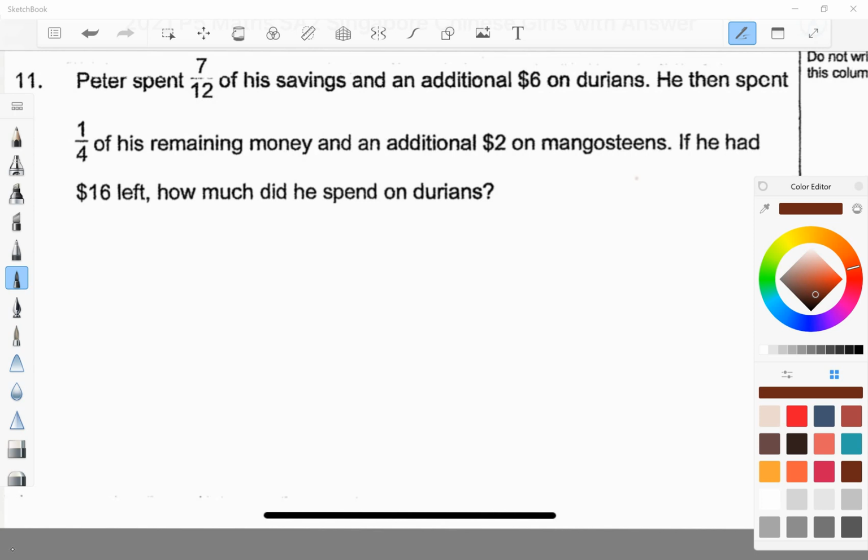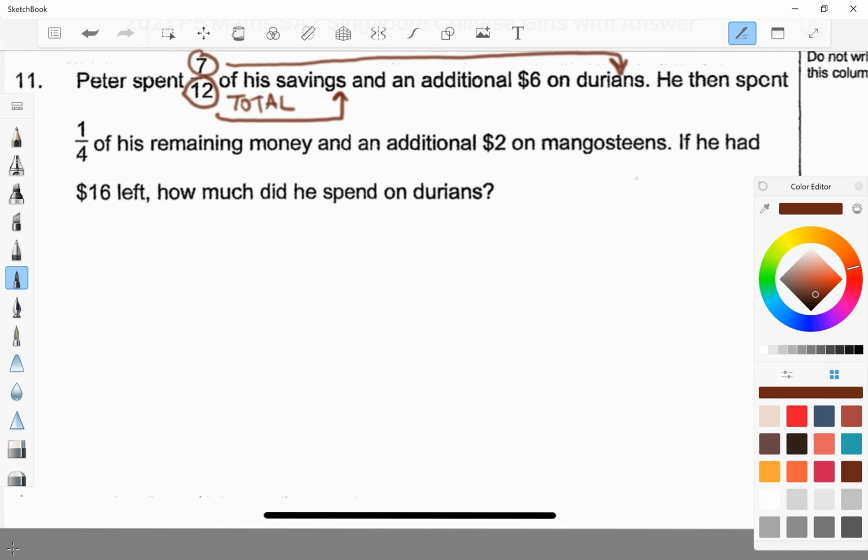Peter spent 7 out of 12 of his savings and an additional $6 on durians. So for the denominator 12, it's actually referring to the total savings. What about the numerator 7? I will circle it and I'll point forward to the durians.